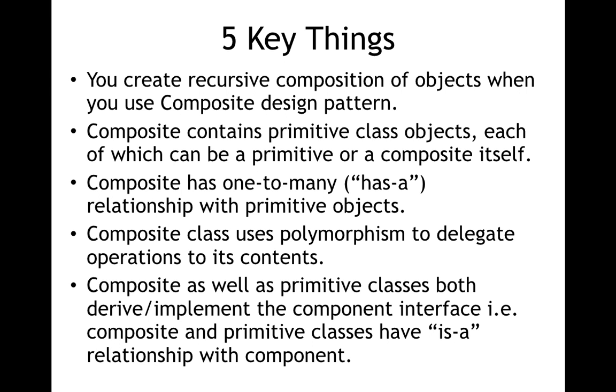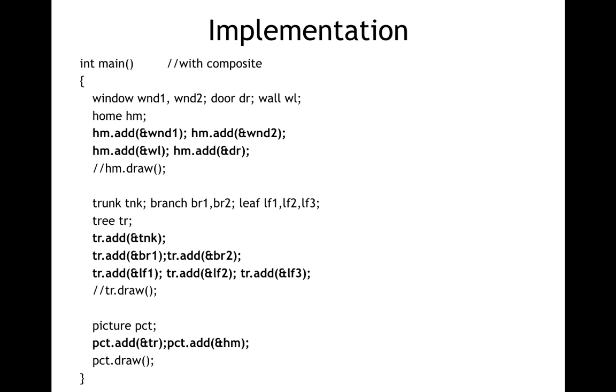That's how you get the recursive composition. A composite class contains primitive class objects, each of which can be a primitive or a composite itself. Like home contains primitive objects like windows, doors, etc., whereas picture, which is a composite object, contains composite objects like tree and home.